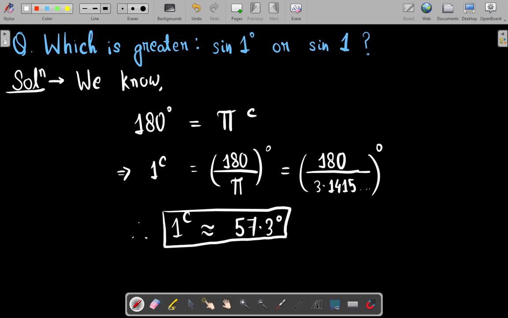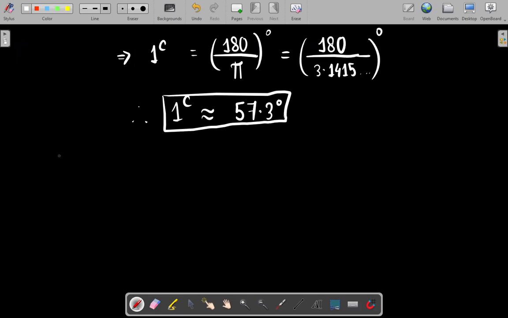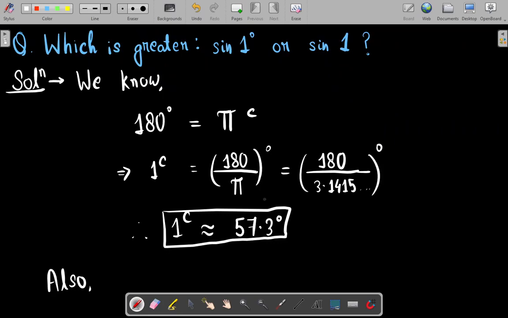Now this is the first condition. Also, for both of these angles, this 1 degree and this 57.3 degrees, we can substitute sine 57.3 degrees here, so both will be in the degree system.